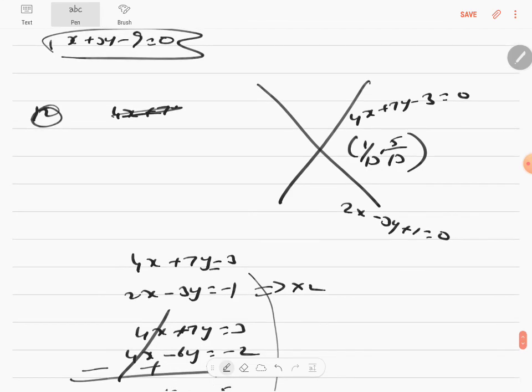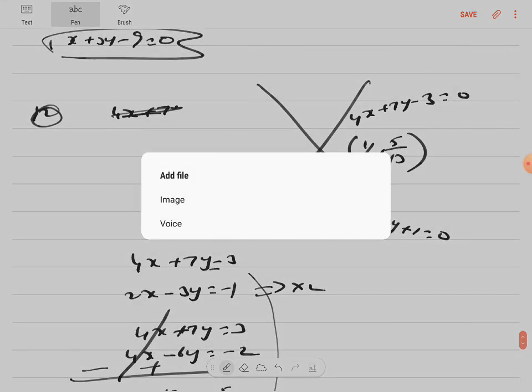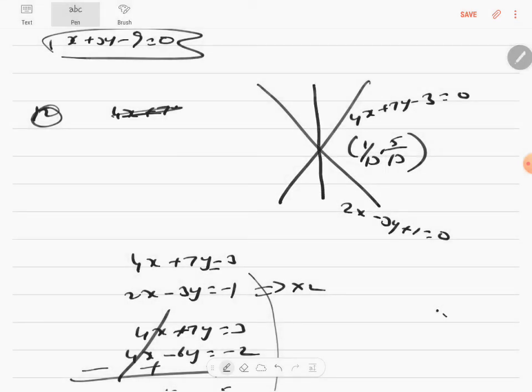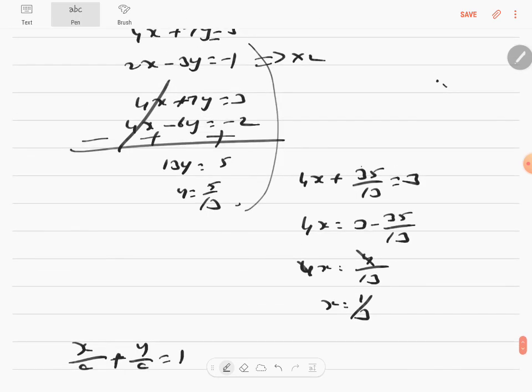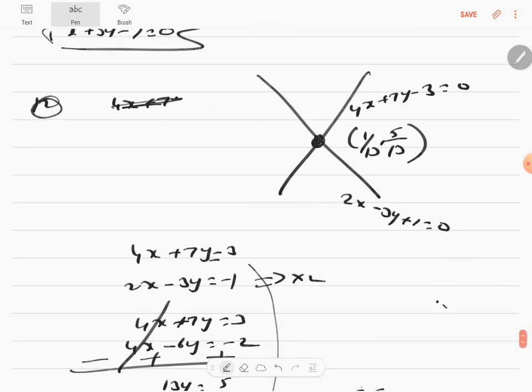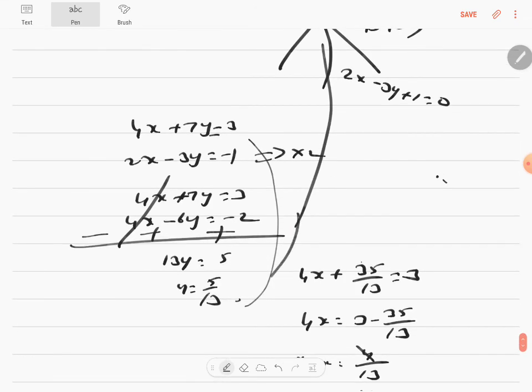Now read the question continuously. Find the equation of the line which is passing through the intersection of these two lines and makes equal intercepts. The word intercept is there, so the equation is x by a plus y by a is equal to 1. And you know this point (1 by 13, 5 by 13) is lying on this line.